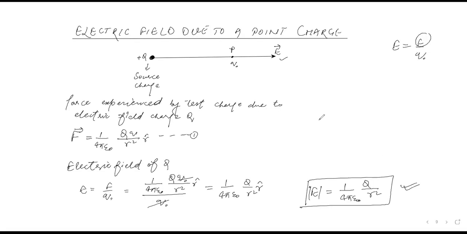Once again, I am going to write this formula on the next page. E is equal to 1 over 4 pi epsilon naught Q over R square. Are you clear?